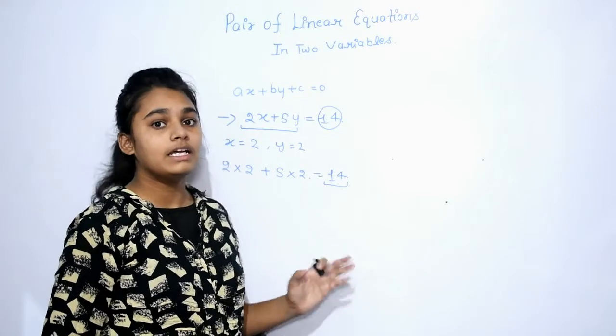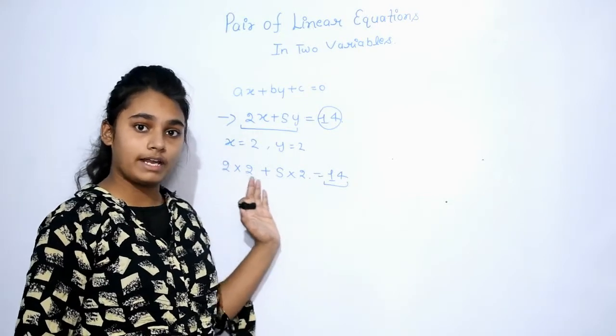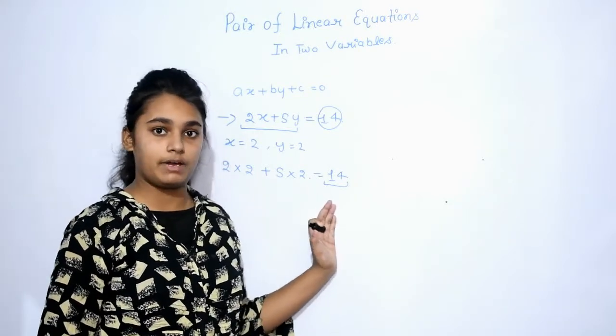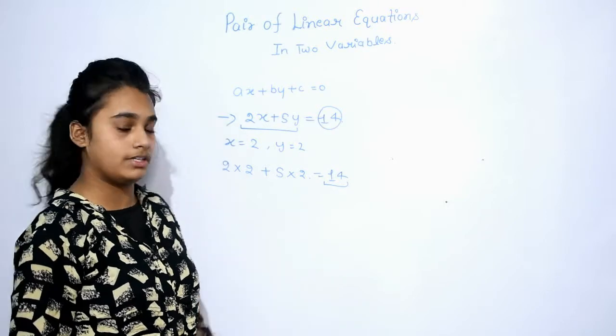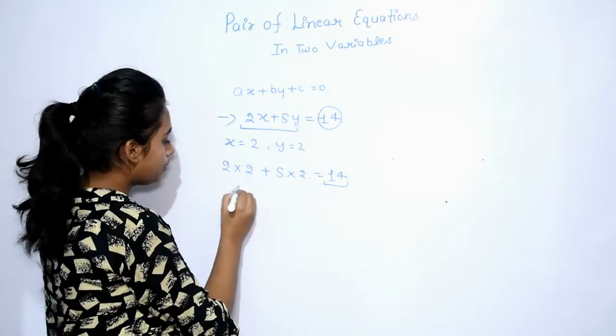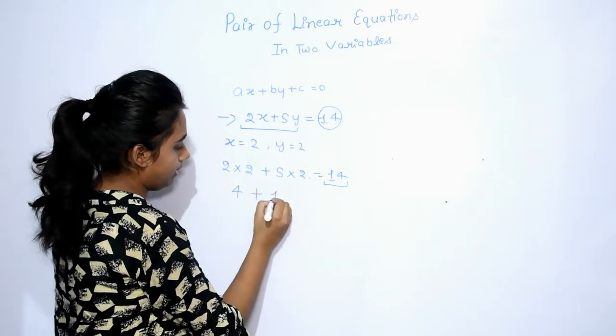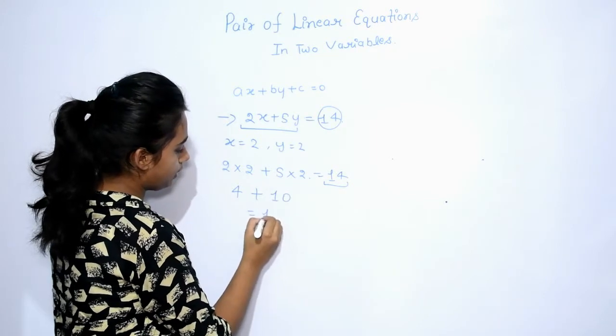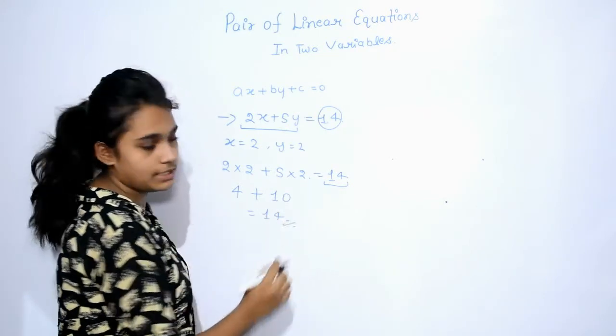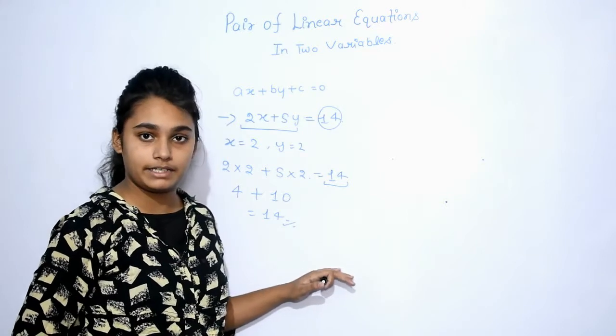Always remember that we should only solve our LHS part to get our RHS part in these types of examples. So 2 into 2 equals 4, plus 10, so it is equal to 14, our RHS part. So we get our RHS part here.